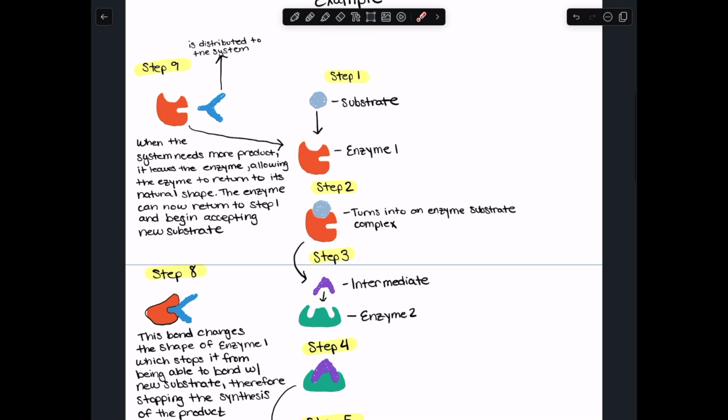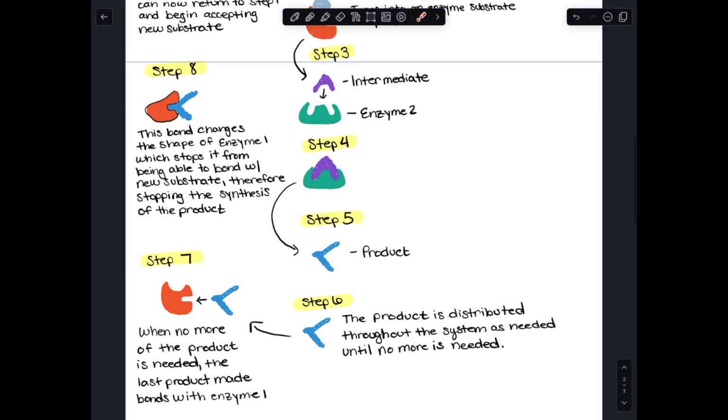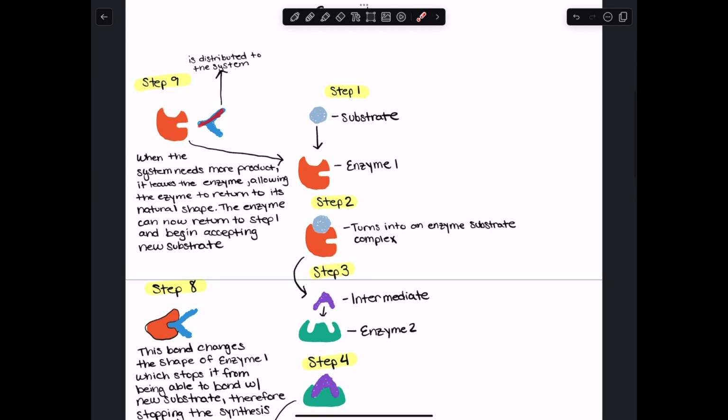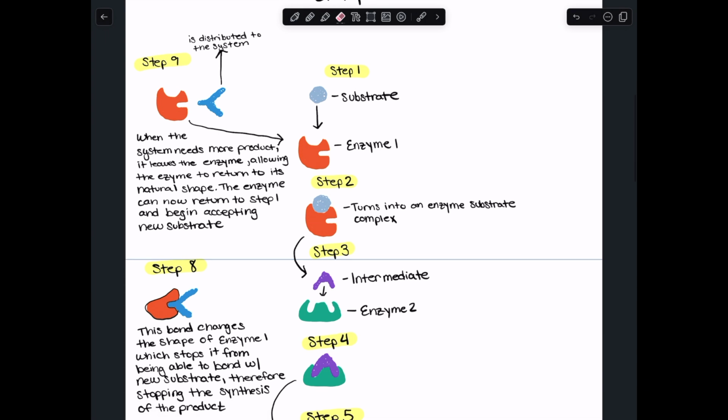So say some time has passed and our body, for whatever reason, needs more of this product. Our product here is going to leave our original enzyme, and it's going to be distributed to the system, or our bodies in this case. So when the system needs more product, it leaves the enzyme, allowing the enzyme to return to its natural shape.